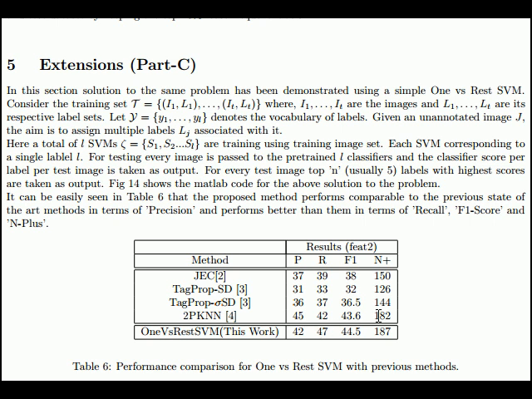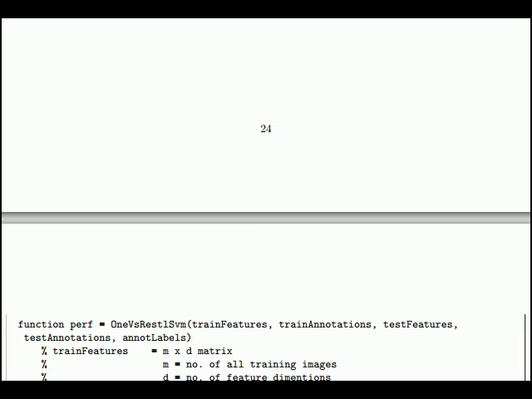But still, in the case of 2pKNN, at the time of testing we are comparing every test image with a predefined subset of train images. In the case of SVMs, we are just passing the image to an SVM classifier and getting the output, which is slightly more computationally efficient and decreases the training time.